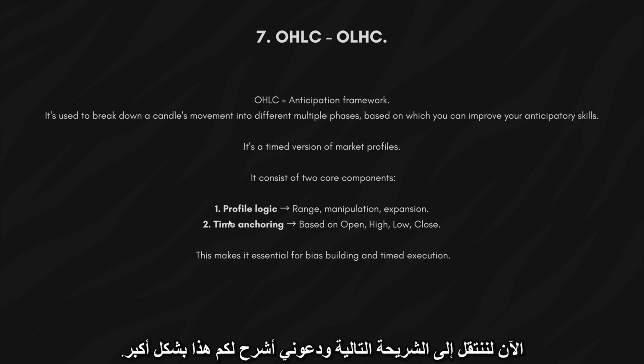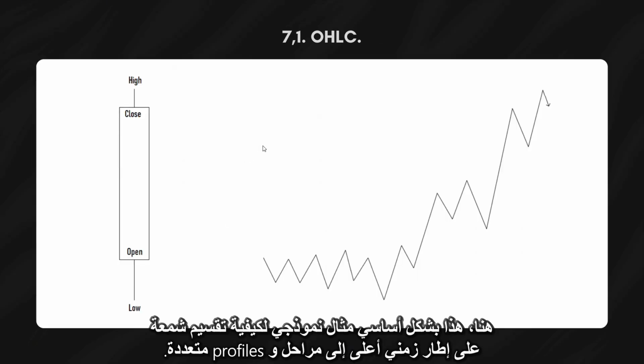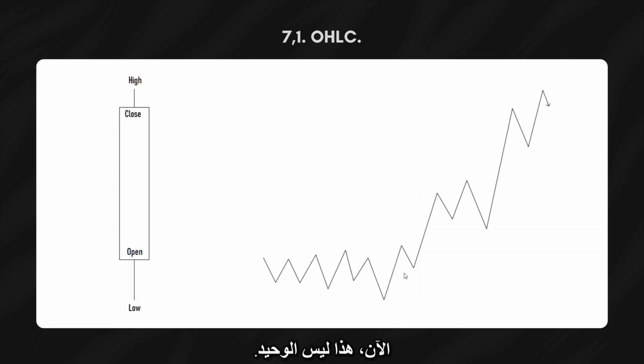Now let's move on to the next slide and let me explain this to you once more. So right here, this is basically a typical example of how a higher time frame candle can be broken down into multiple phases and profiles. Now this isn't the only one.